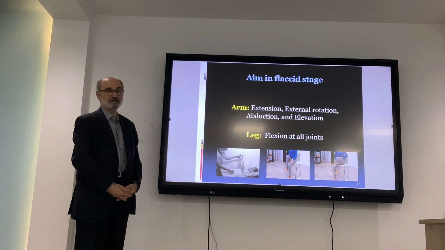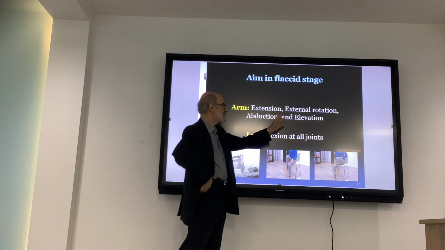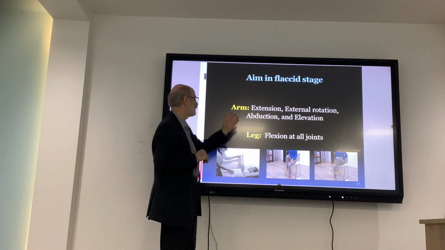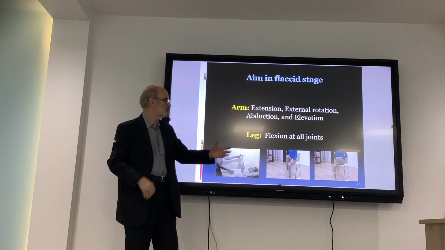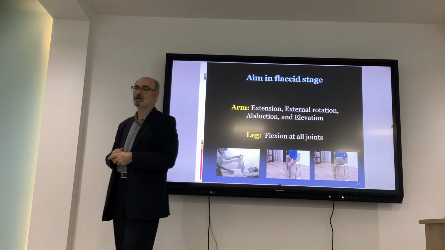In the flaccid stage, we aim to obtain extension, external rotation, abduction and elevation of the arm, and to be able to flex all the joints of the lower extremity.